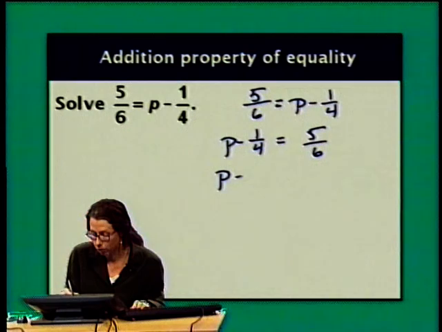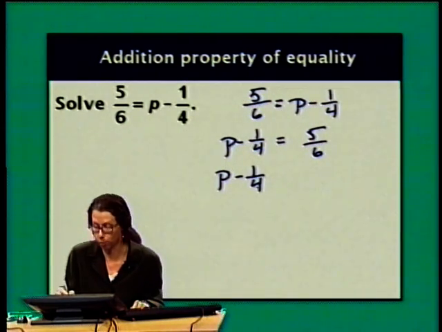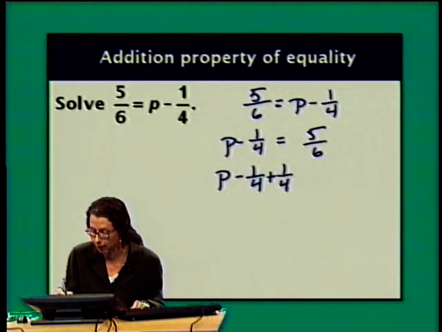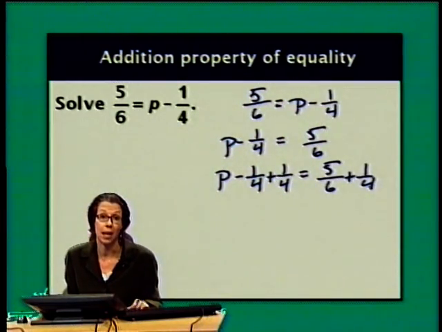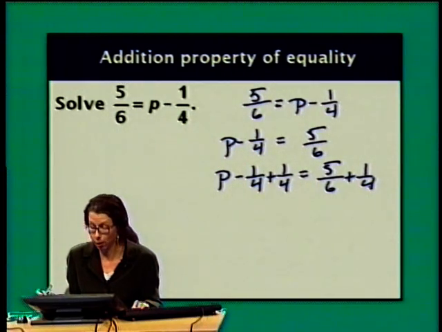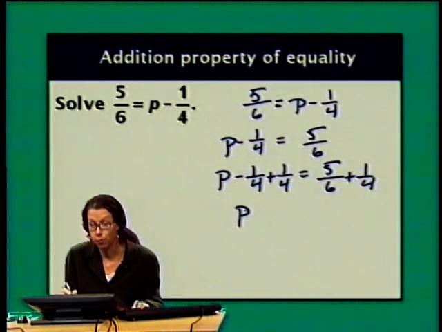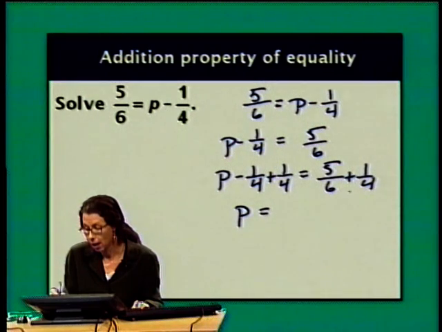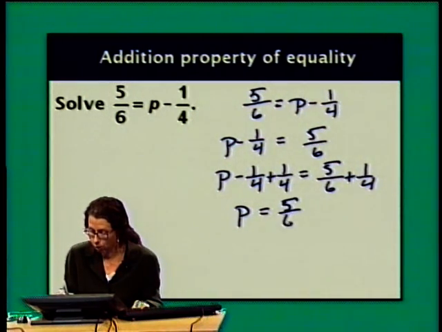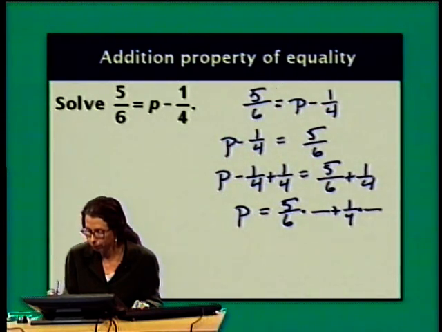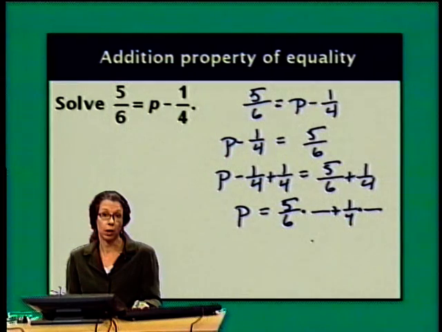So since I've been subtracting 1/4 from p, to undo that, I need to add 1/4. And if I add 1/4 to the left-hand side, I have to add it to the right-hand side as well. So now I have p on the left, and here I see I'm going to have to add fractions. So I'm going to start thinking about my common denominator. What's a common multiple of 6 and 4?